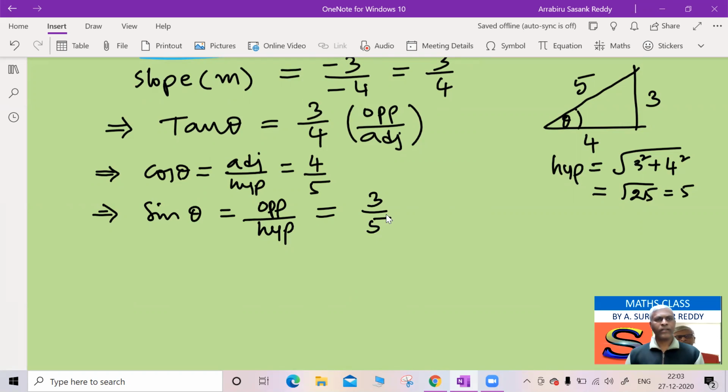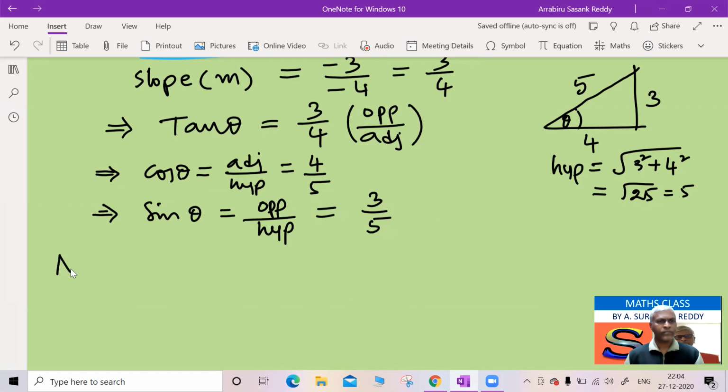So from the tan theta, from the slope, we can write the sin theta and cos theta values: cos theta 4 by 5, sin theta 3 by 5.